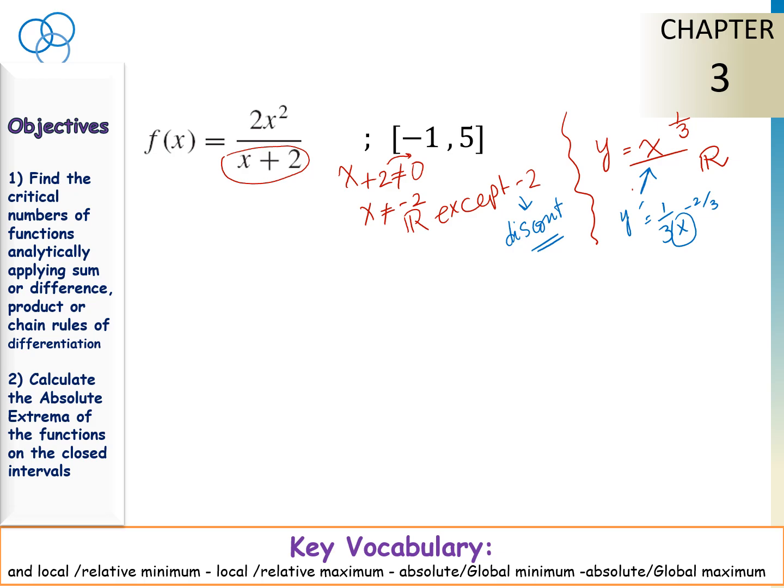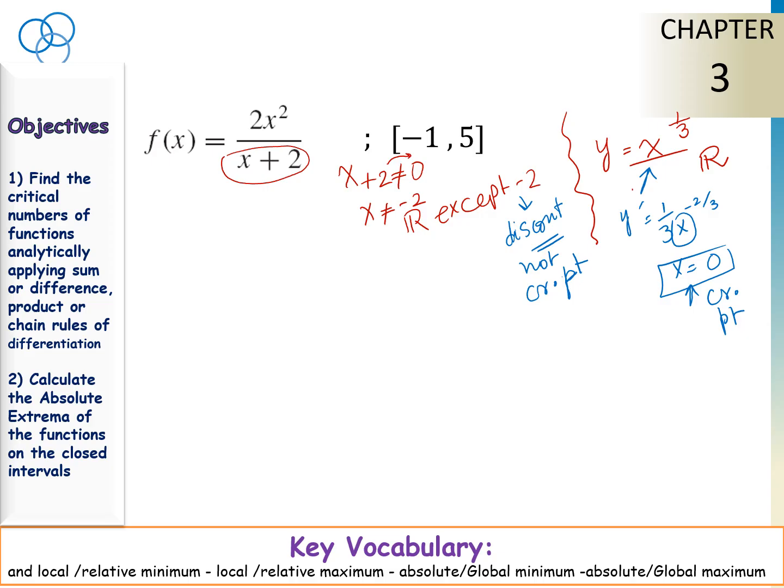At x equals 0, you had a sharp turn, and a sharp turn refers to a critical point. A discontinuity is not a critical point. Remember, this is very important to memorize. Understand the concept that at a discontinuity, you don't have any absolute extrema, and a discontinuity cannot be a critical point.